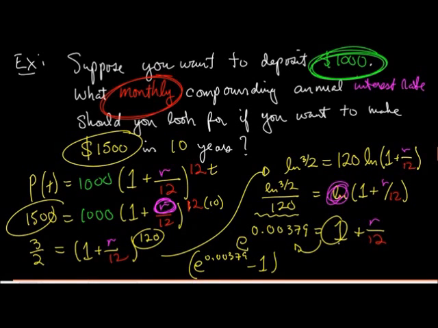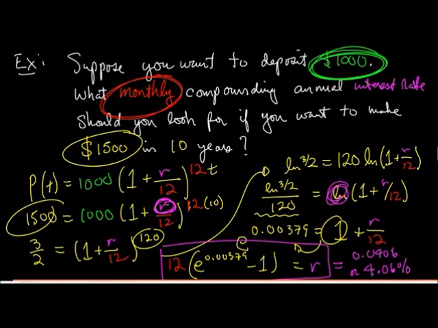And then once the 1 is on the other side, you'll have r divided by 12. So to solve for r, you just multiply by 12. So that's equal to r. Right? So let me make a box around that. A little complicated. But you plug that into a calculator, and you get 0.0406 or 4.06%. Okay, either way means the same thing.